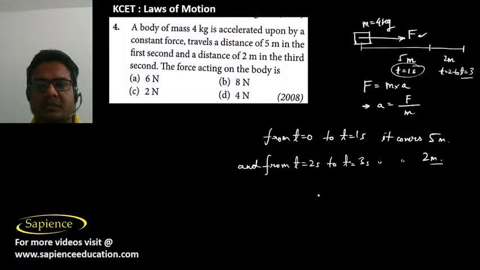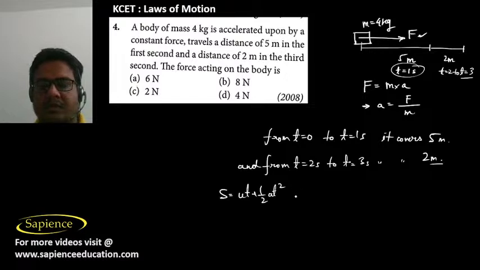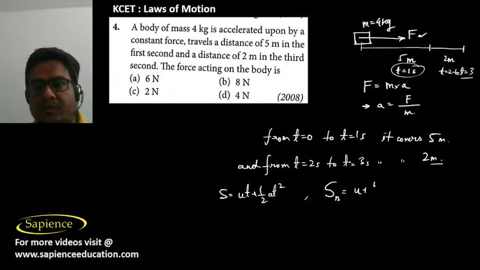The force acting on the body is... So we can say S equals ut plus half at square, and the displacement in the nth second is equal to u plus half a into (2n minus 1).